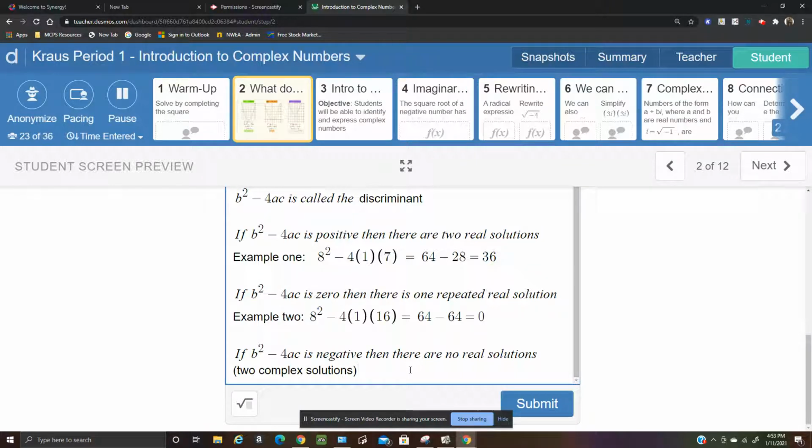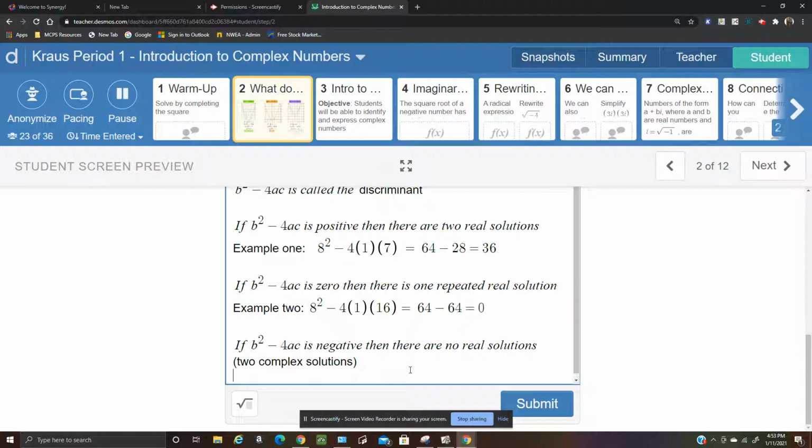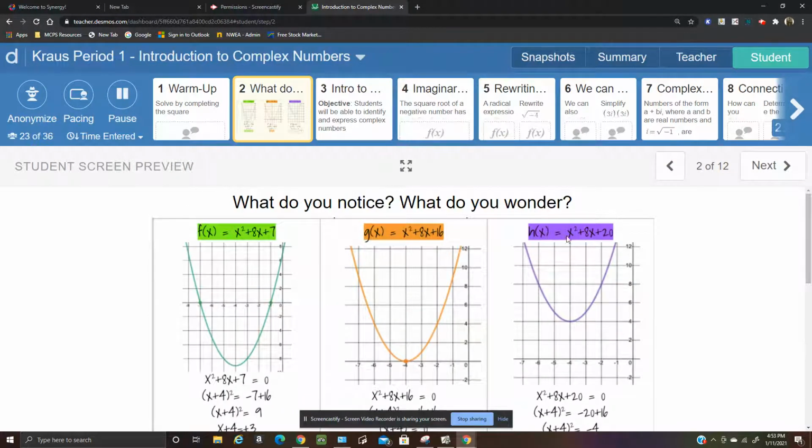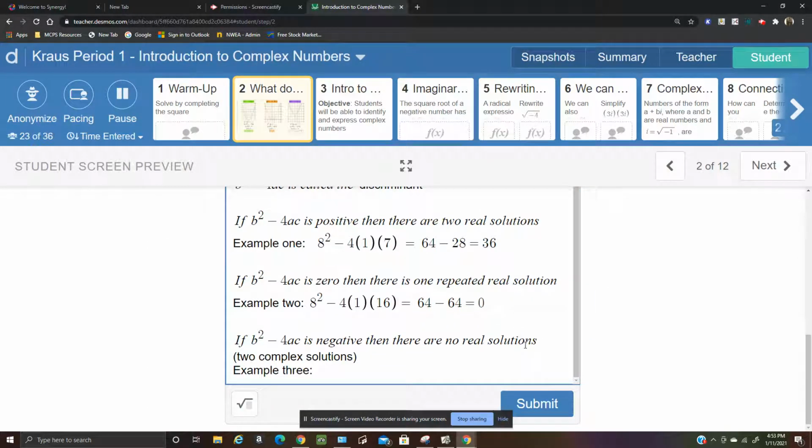And then example 3, b is 8 again, a is 1, c is 20. So you got 8 squared minus 4 times 1 times 20 equals 64 minus 80.